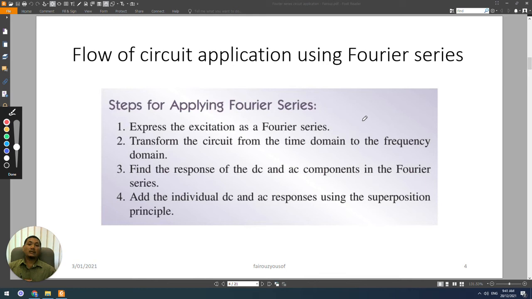And then we have to calculate the output, output voltage or current, both in DC and AC components using Fourier series. And then finally add all the components to get the final output.